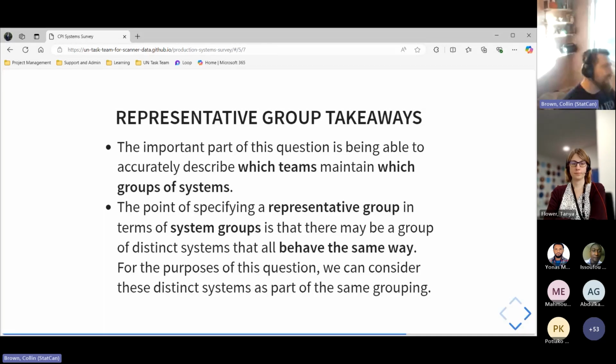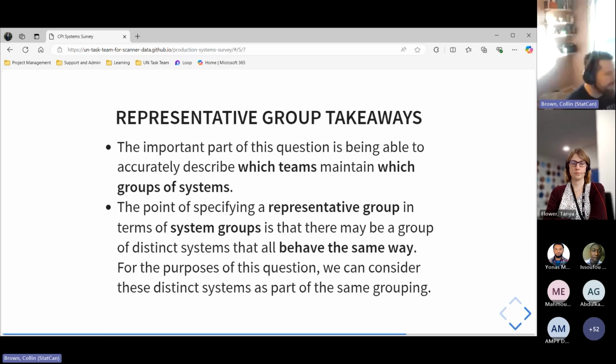So the idea of doing the representative group and the idea that there's system groups within that representative group is we're just trying to characterize a subset of your whole CPI production system that behaves the same way. And then that way we can talk about one thing when we're asking questions about who maintains it, what boundaries they cut across, and that lets you ask that joint question with just a single example rather than trying to characterize both of those things for every system in your organization.